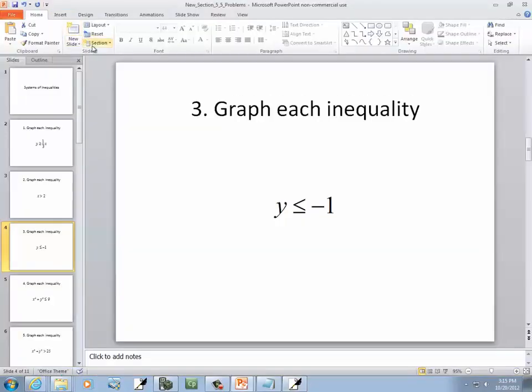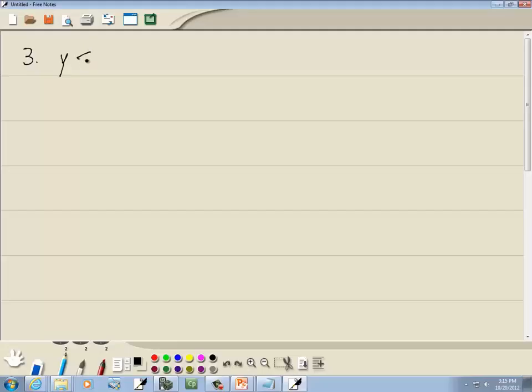We got y is less than or equal to -1. This is another one fairly easy by hand. We think instead of the inequality, if we had y equals -1, well, that's a horizontal line at -1.